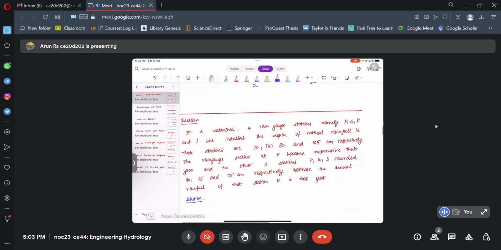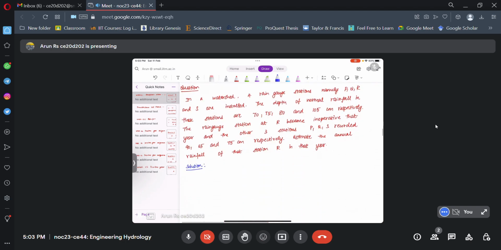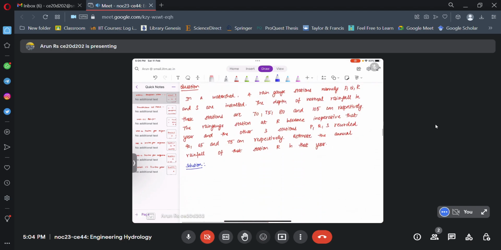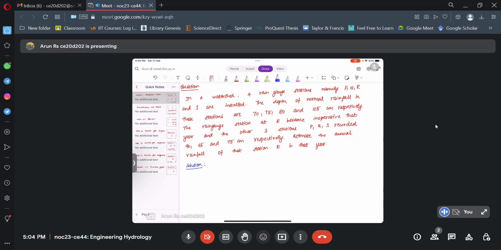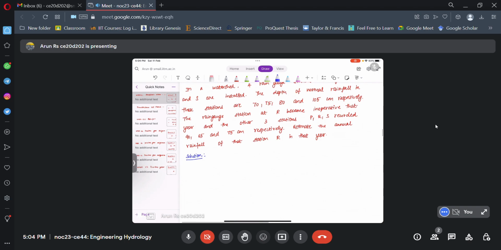Next, one more example for the normal ratio method. In a watershed, 4 rain gauge stations are given, P, Q, R and S, and the depth of normal rainfall in the stations is given as 70, 75, 80 and 105 centimeters respectively.